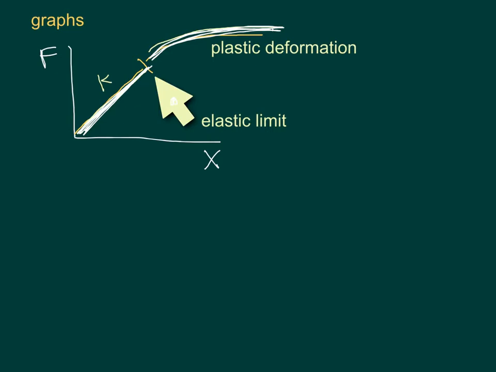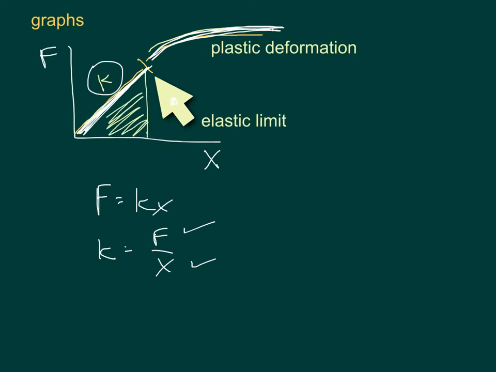Okay, so if K gives you the gradient, because F equals Kx, if you get K is F over X, you get your rise over your run, and you've got yourself a nice little gradient. We can also use the area under the curve, which is here, under the Hooke's law region, to figure out the work done in extending your material.